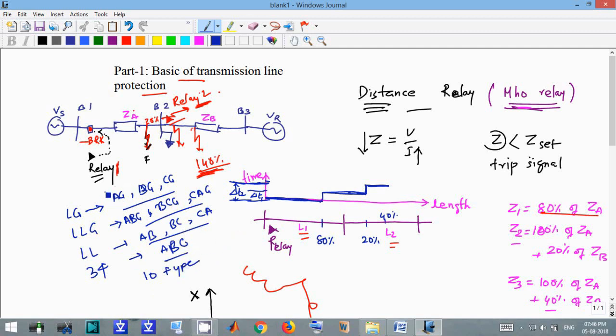For all these faults, the apparent impedance formula is not the same for all kinds of faults. They are different. In the next section, we will discuss the calculation of apparent impedance seen by the relay for different types of faults.